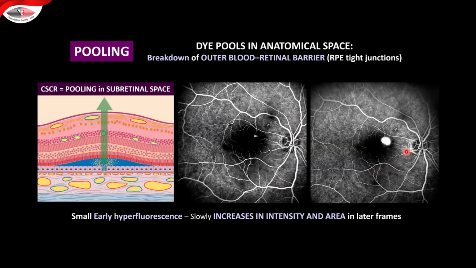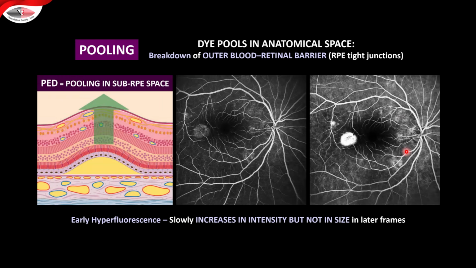So we come to pooling, which we were just discussing. It's basically RPE has tight junctions, and once there's a space created there, a convex tight space, the dye pools here. So here it would increase in intensity as the dye proceeds, but it would not increase in size because it's a tight space, which would not increase in size, but just increase in intensity.